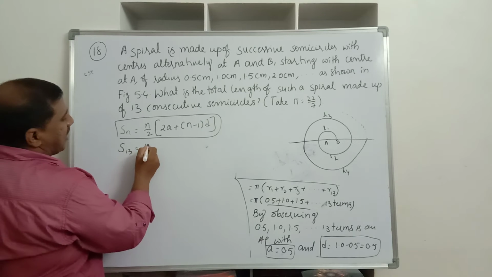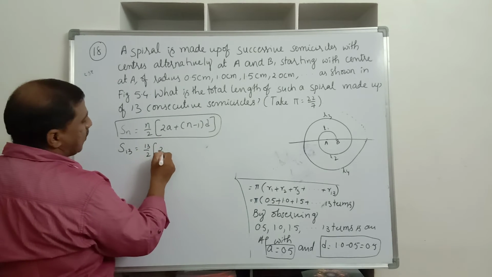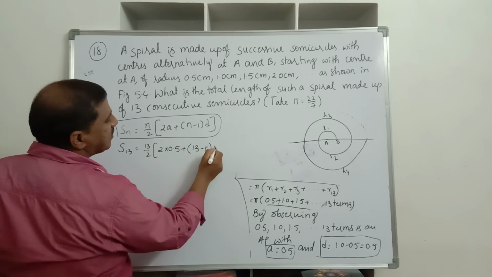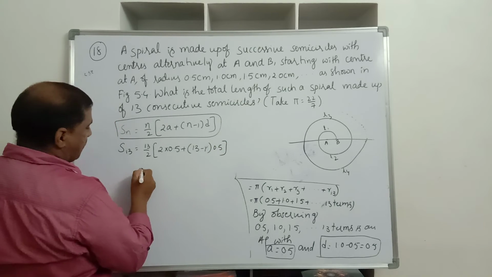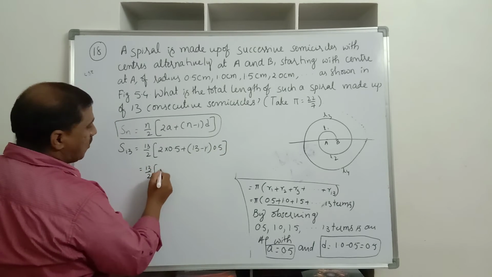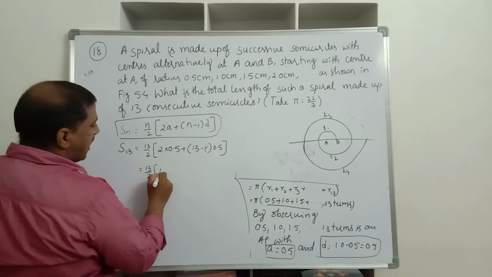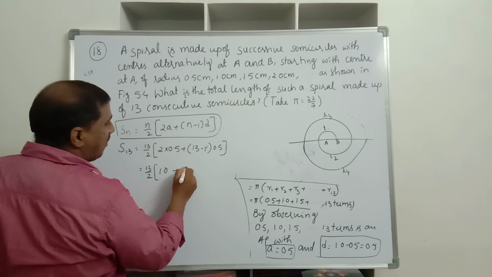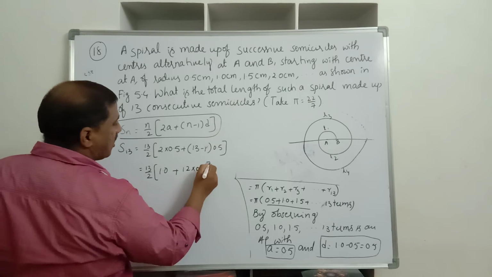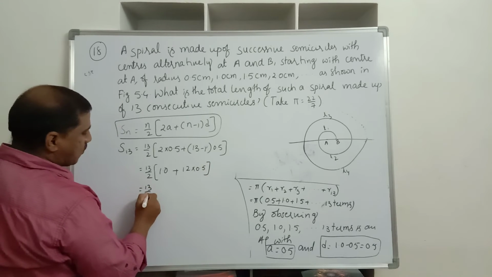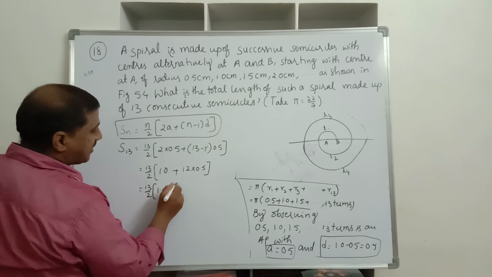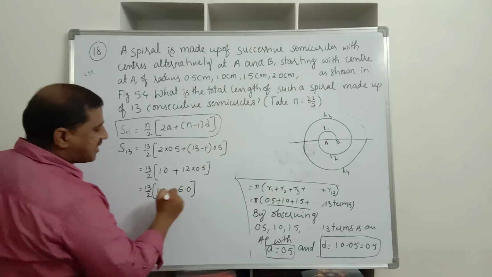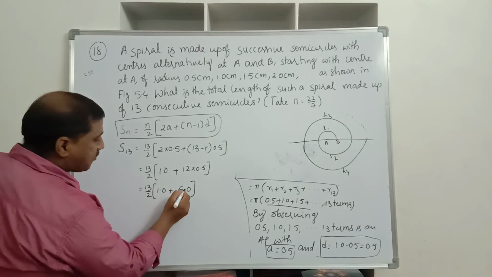S13 is equal to 13 by 2 into 2 into a, which is 0.5, plus (n minus 1), that is 13 minus 1, into d, which is 0.5. That is 13 by 2 into 2 into 0.5, which is 1.0, plus 12 into 0.5, which is 6.0.